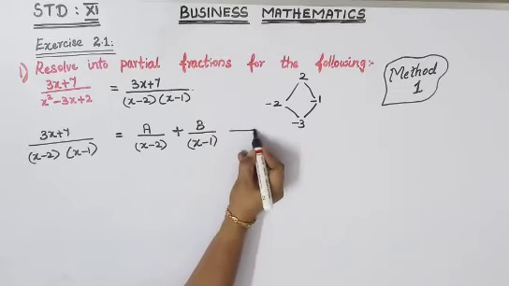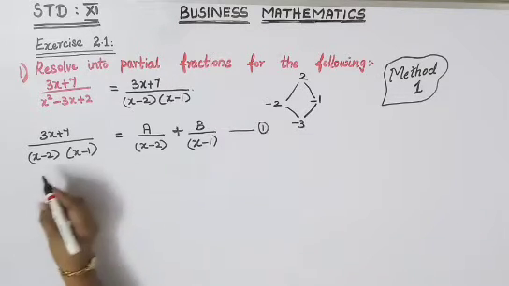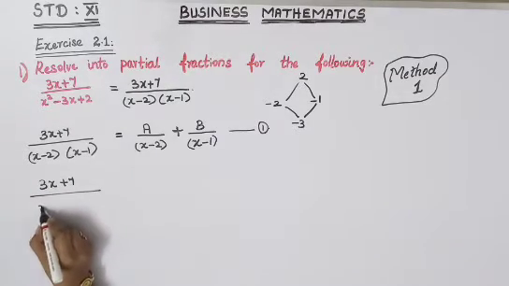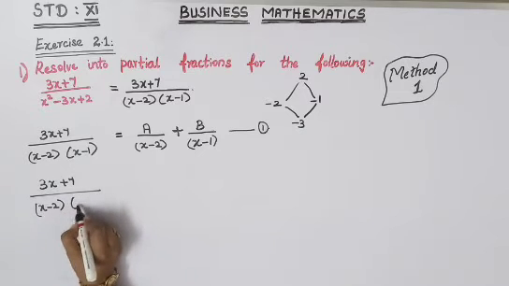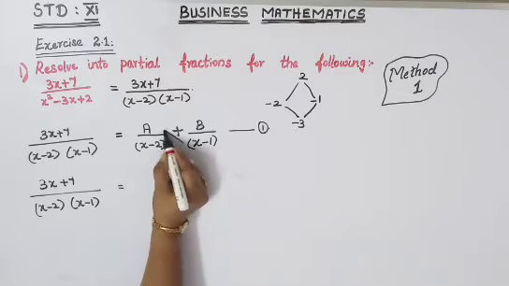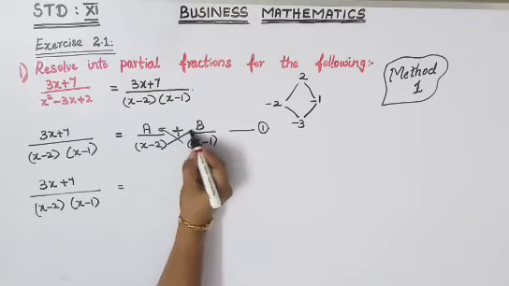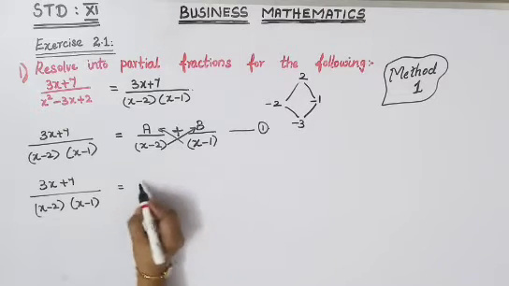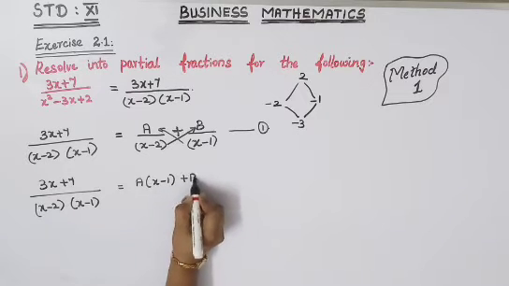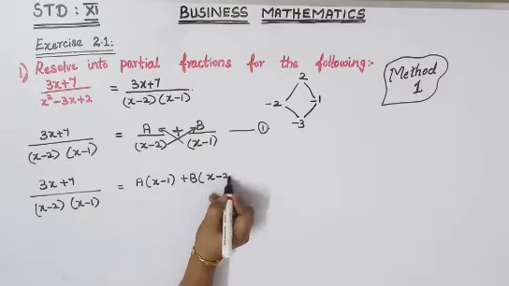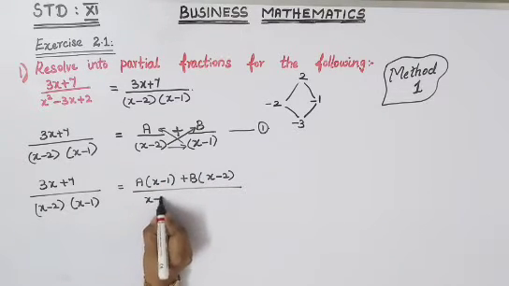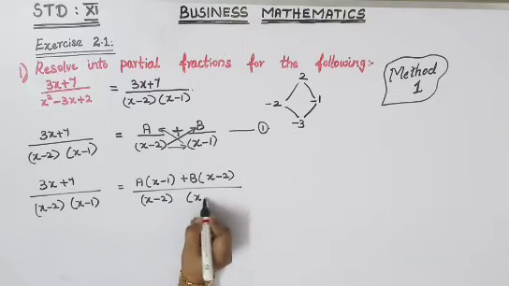We'll declare this as equation 1. Now the same step: (3x + 7) divided by (x − 2) into (x − 1) is equal to, here you'll go to LCM, otherwise cross multiplication: A into (x − 1) plus B into (x − 2), divided by (x − 2) into (x − 1).